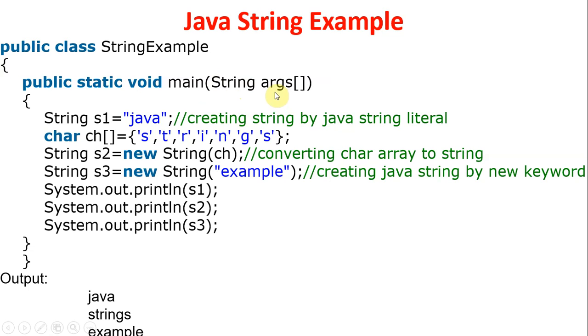Sometimes we can give one value, sometimes two values, or more than two values. That's why we are specifying it here. So an array is a set of data, and args is nothing but a name. Instead of args you can use x, b, any name, there is no issue here.